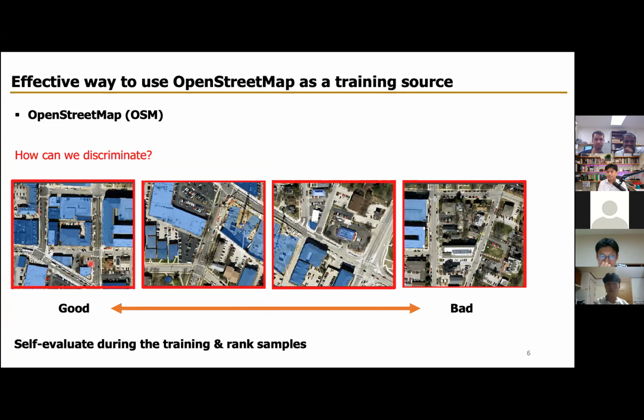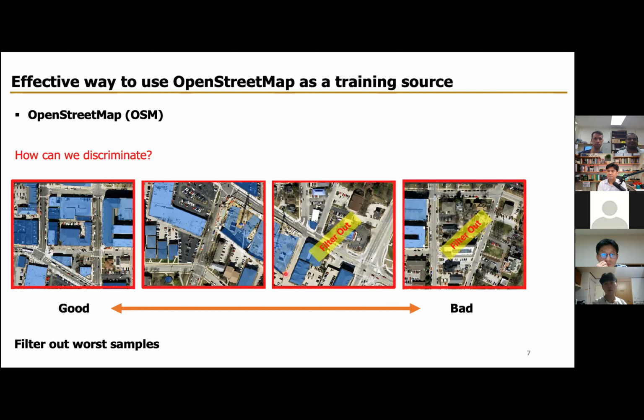How to do it: first, I plan to train the deep learning model with the whole training samples for a while. Then I assume that the temporary model has some ability to rank the quality of the building labels of each patch. Then we plan to filter out the worst samples during the training process.